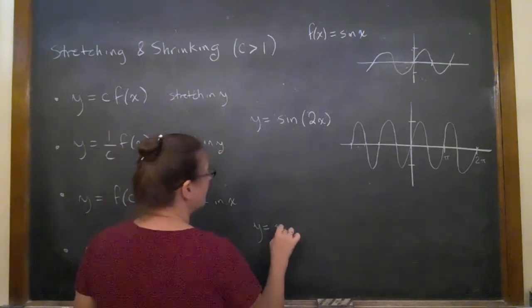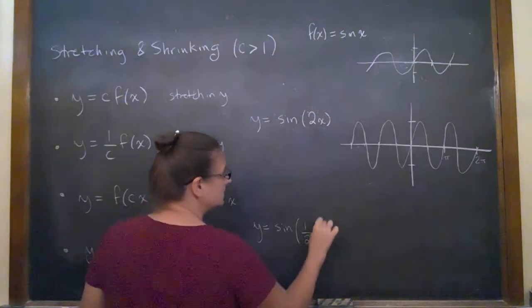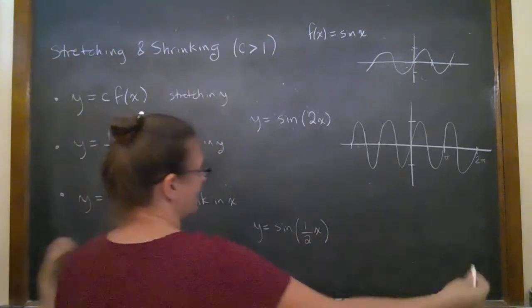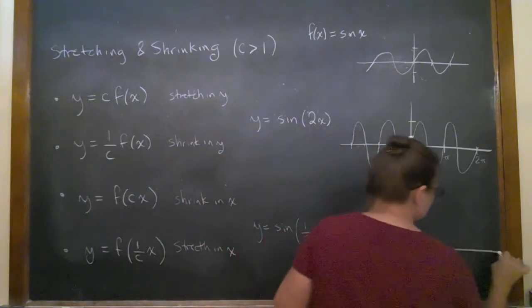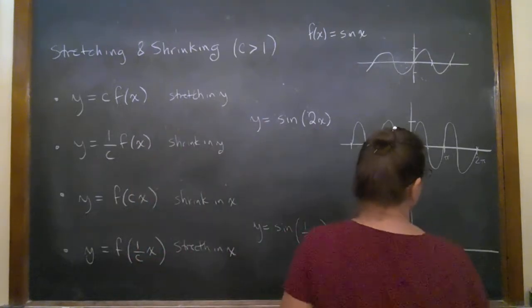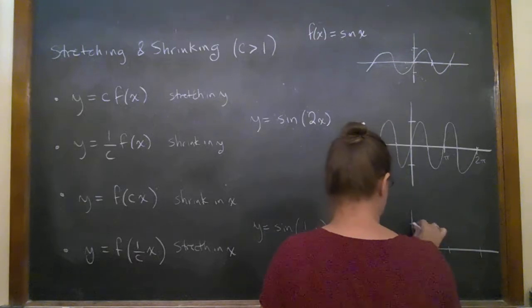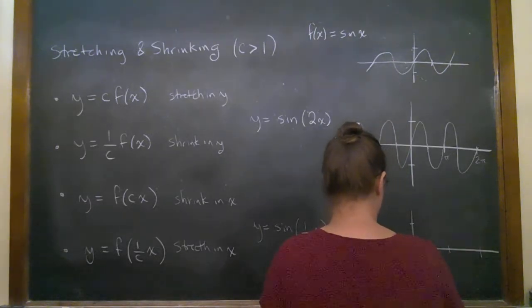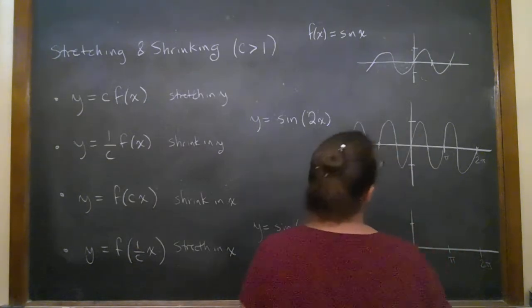And then my other option, right, is now I'm going to put in 1/2 x, which is going to stretch it out horizontally. So now I run out of board space, right? So I've got to make it smaller. Well, maybe I won't. I'll just make it the same and we just won't have the whole thing, right? So pi and 2 pi.